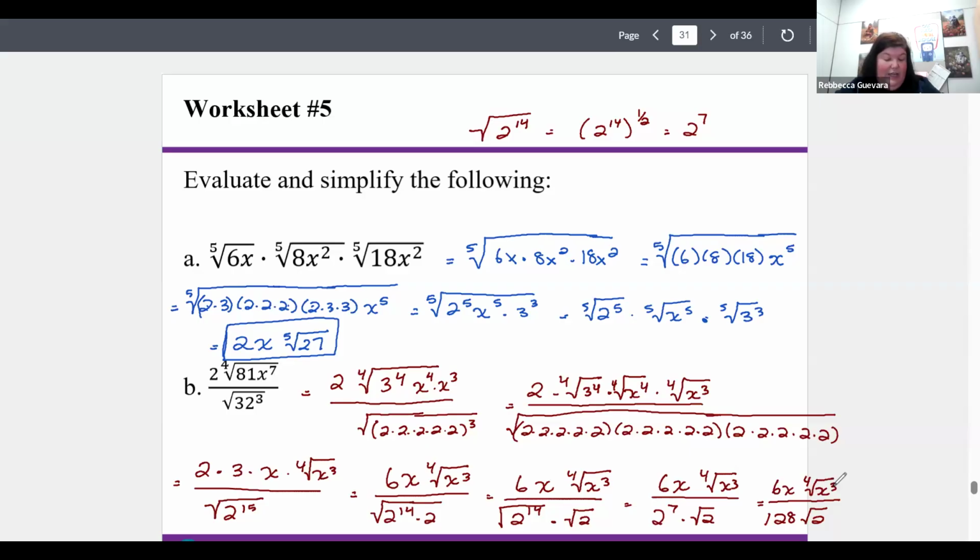6 divided by 128, so both of those are divisible by 2, leaving me with 3. Put this up here so we can see it. It's going to leave me with 3x times the fourth root of x cubed over 64 times the square root of 2.